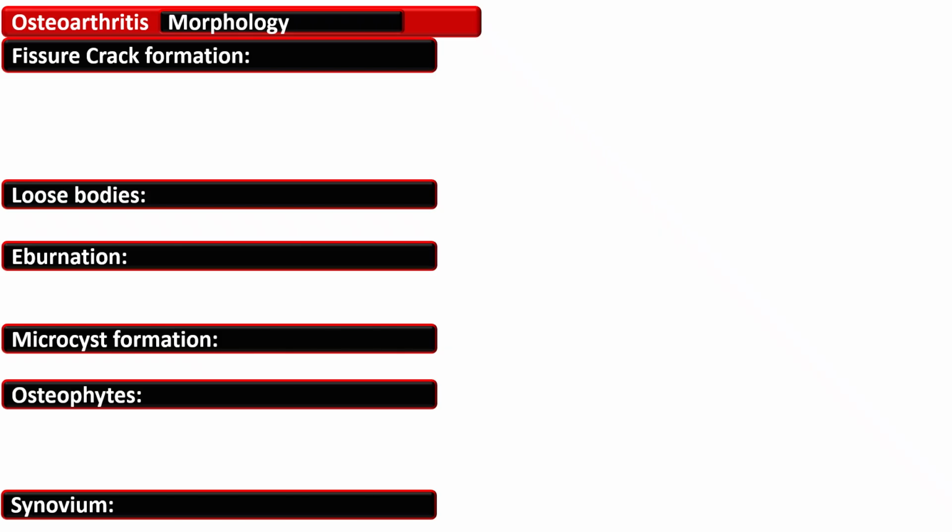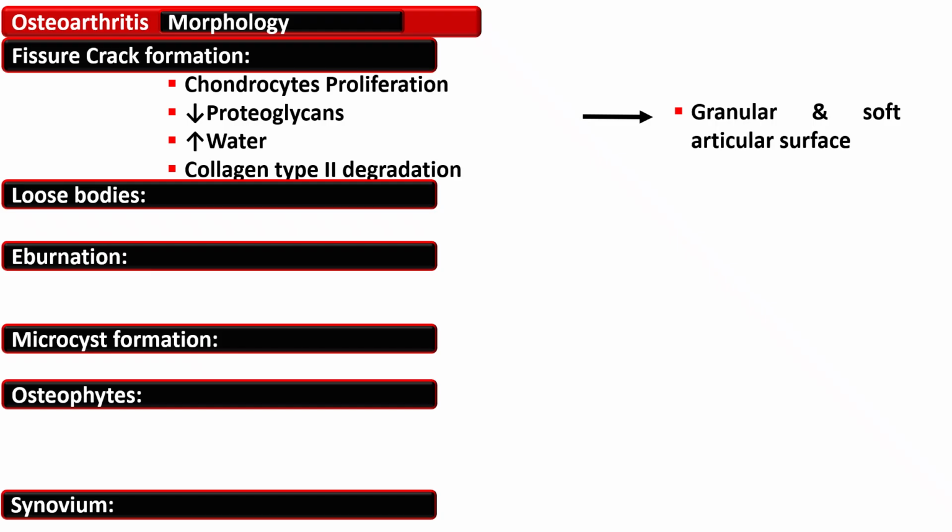All these pathogenetic mechanisms lead to the characteristic morphology of osteoarthritis, that is, fissure or crack formation, presence of loose bodies, eburnation of the joint surface, formation of microcysts, presence of osteophytes or spur changes, and proliferation of the chondrocytes, decreased proteoglycans, increased water and collagen type 2 degradation.